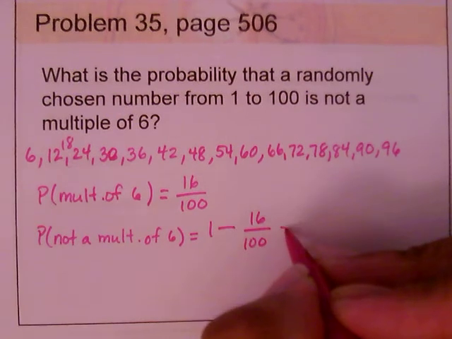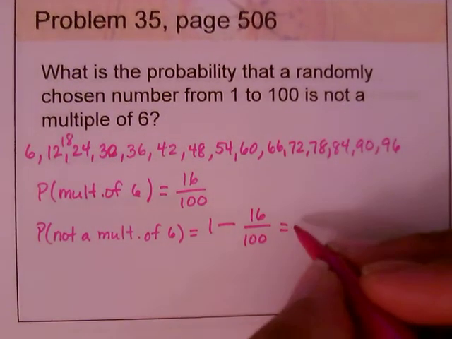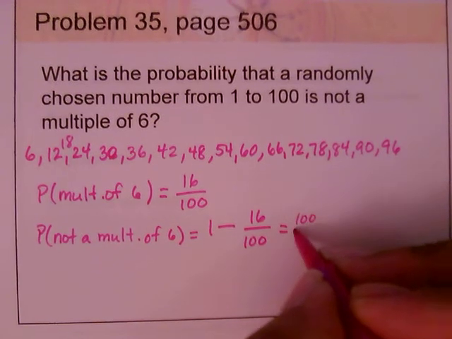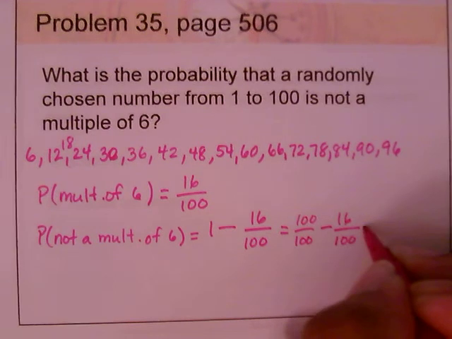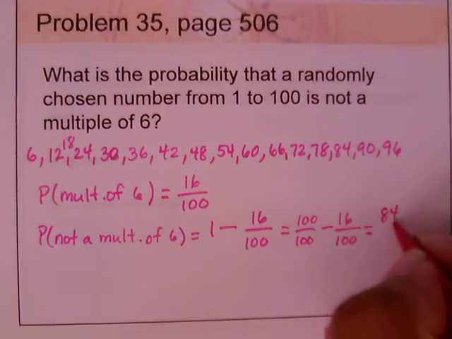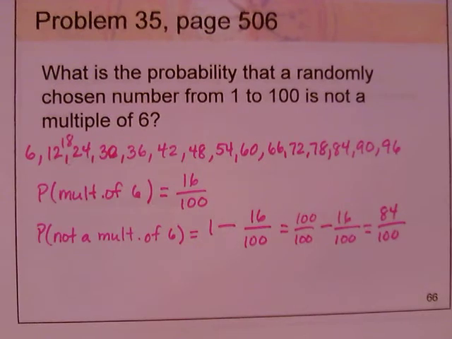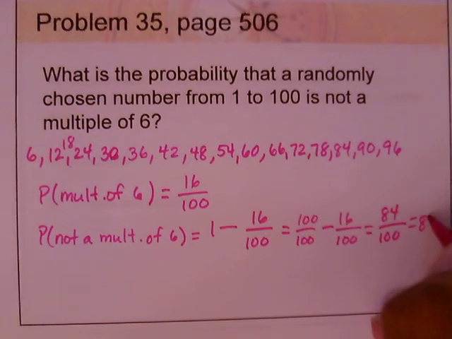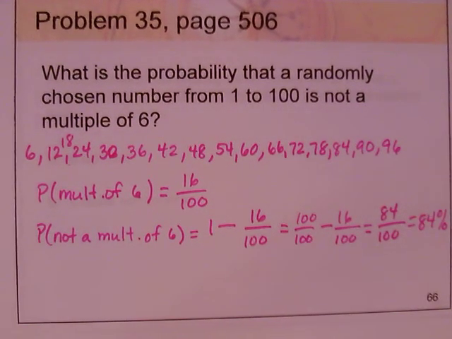So it would be 1 minus 16 out of 100, where 1 whole in hundredths is 100 over 100. We end up with 84 over 100. And of course, it's already with a denominator of 100, so it'll be 84% if you were to write that as a percent.